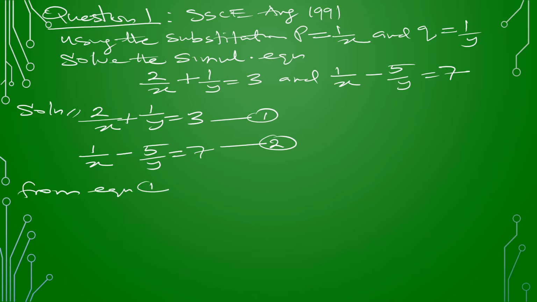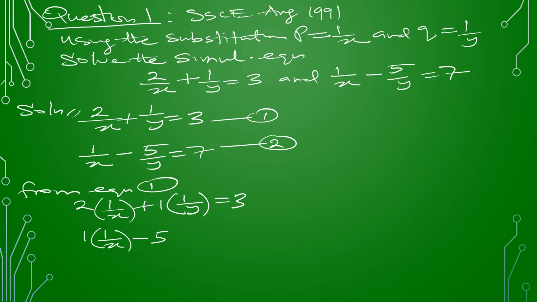Now you will see that from equation 1, this can be simplified further as 2 multiplied by 1 over X is still the same thing as 2 over X plus 1 multiplied by 1 over Y as equal to 3. And then we also have 1 multiplied by 1 over X minus 5 multiplied by 1 over Y as equal to 7. Now, we have been given P as 1 over X and Q as 1 over Y. So we are doing this so that we'll be able to solve the problem.